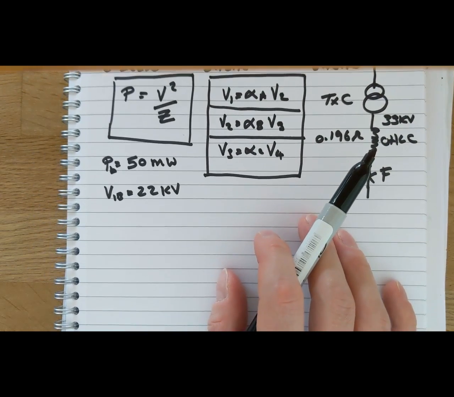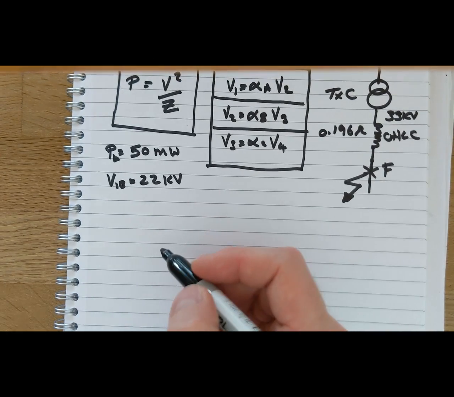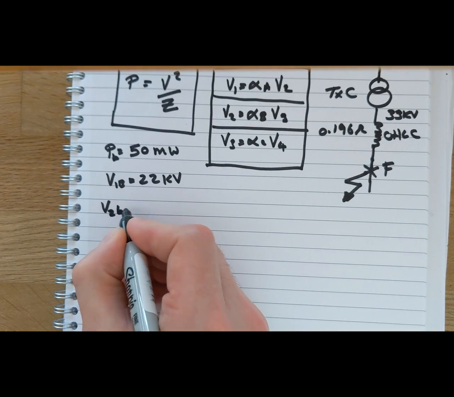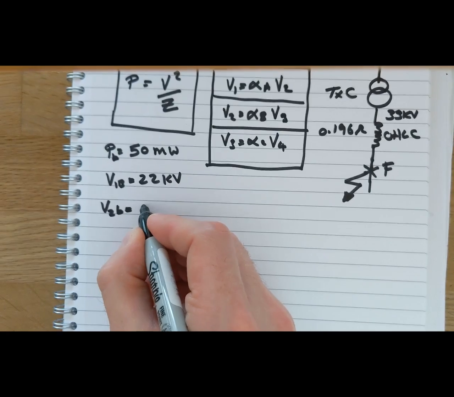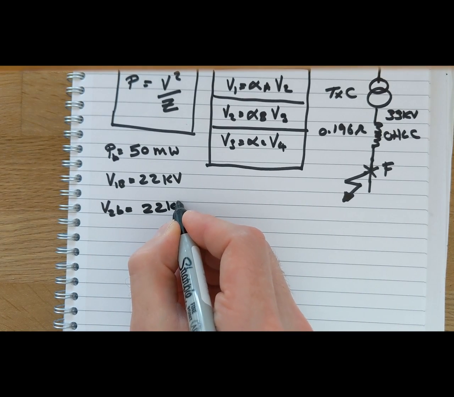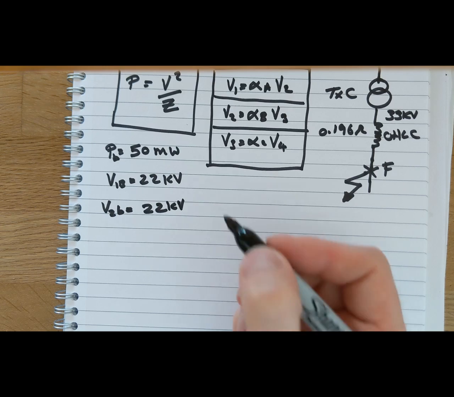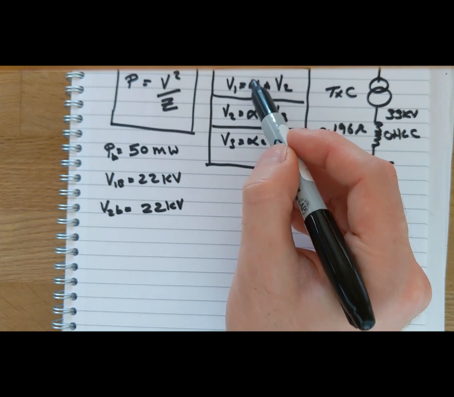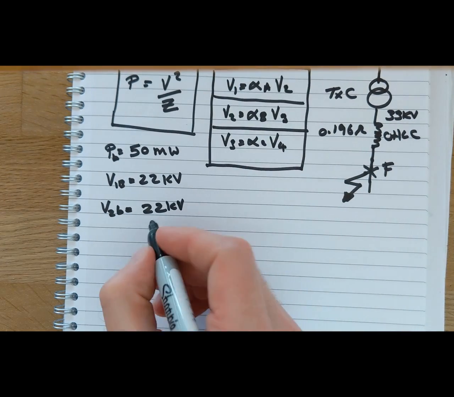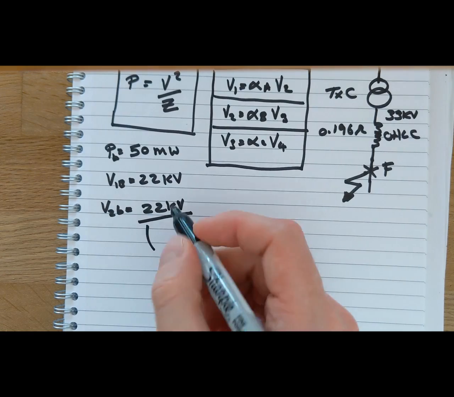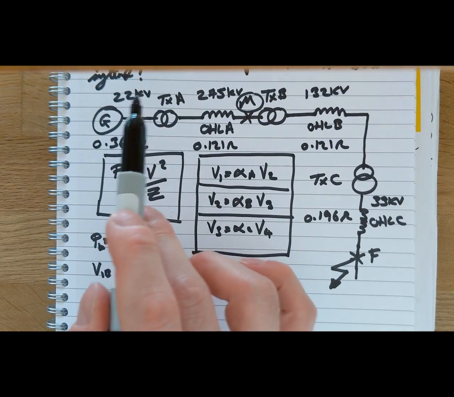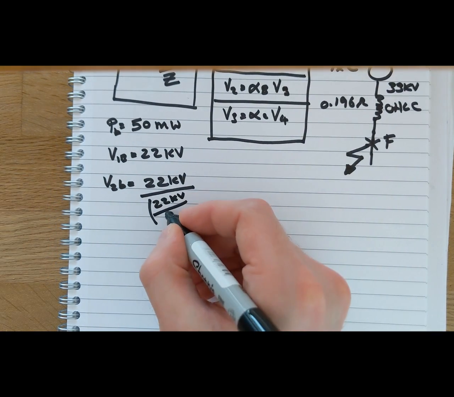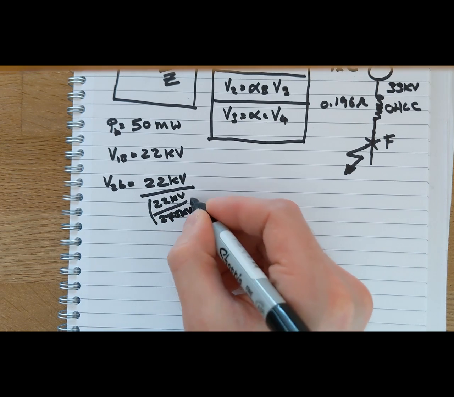Let's define all of our voltage bases if we are to obey these basic equations here. We've arbitrarily defined voltage base 1, and voltage base 2 is very simple. I was rearranging this, so voltage 2 is just voltage 1 divided by the turns ratio, so 22 kV divided by the turns ratio of transformer A, which is between the 22 kV and the 275 kV, 22 kV over 275 kV.